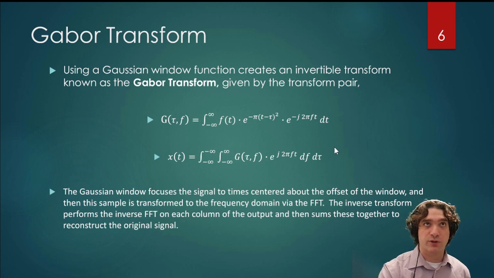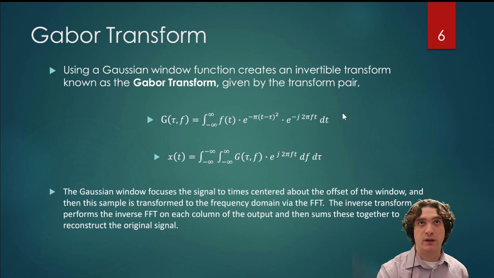So using the Gaussian window function in the short time Fourier transform gives us an invertible time frequency representation called the Gabor transform, which is in time and frequency.